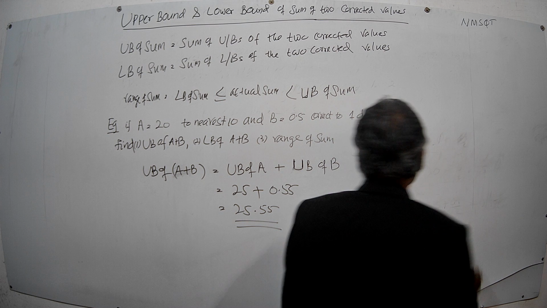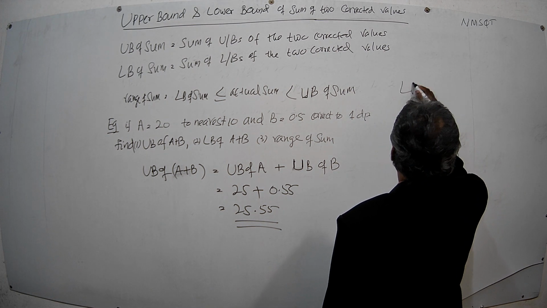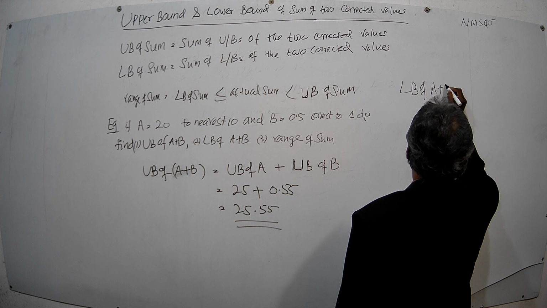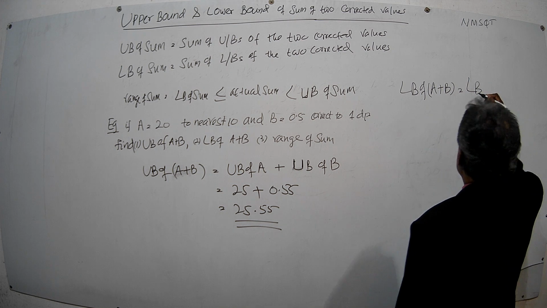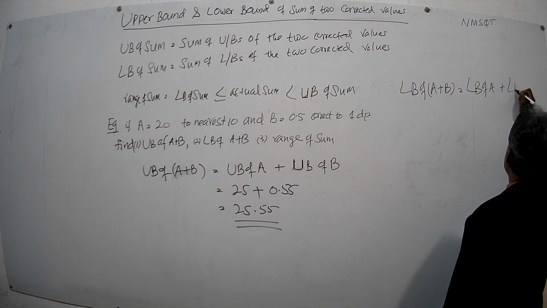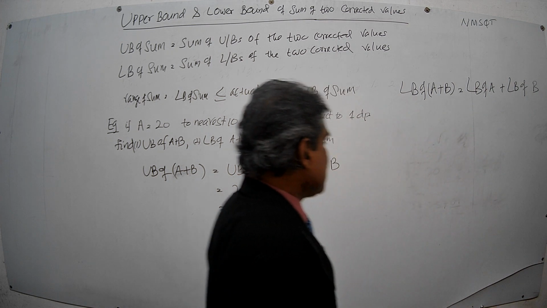Lower bound of A plus B equals lower bound of A plus lower bound of B.